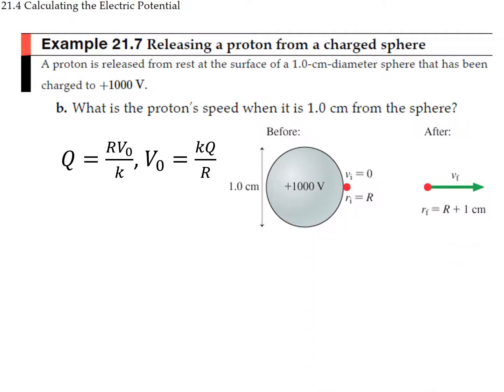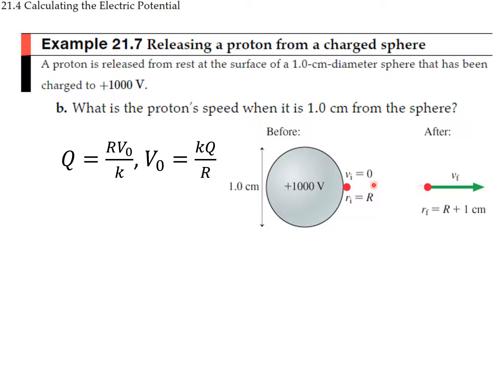But then the real question is, we have a proton released from rest at the surface of this sphere, and of course, being positive and this being positive, it will move away. The question is, what is the speed that it has when it is 1 centimeter away from the sphere?